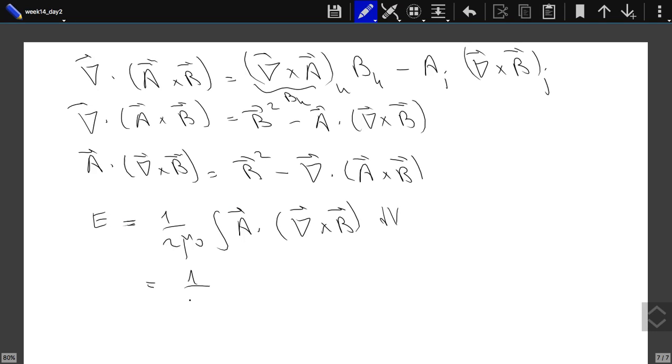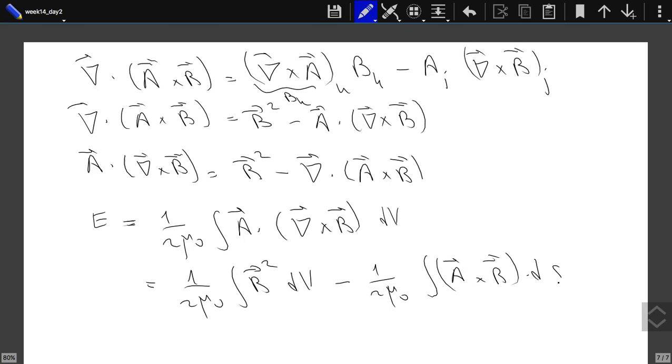But this is equal to the integral of 1 over 2 mu 0 B squared dV, B is my magnetic field, minus 1 over 2 mu 0 the integral of A cross B integrated over the closed surface bounding my volume V. Now, if I want to calculate all the energy stored in all the magnetic field, I have to integrate over all the volume.